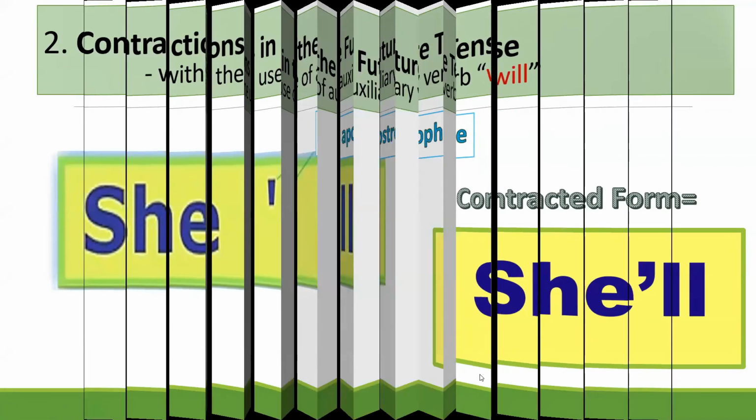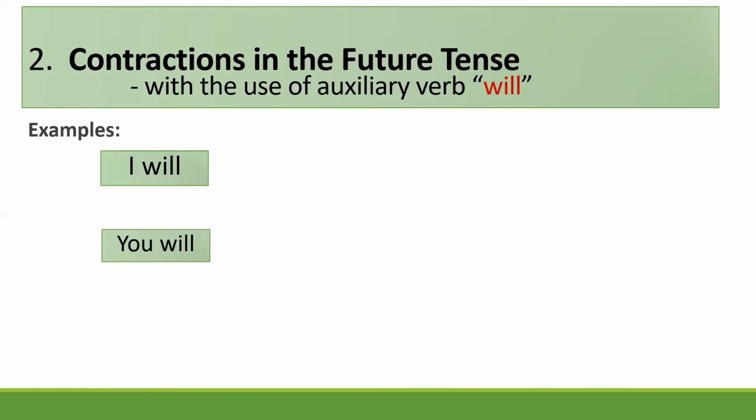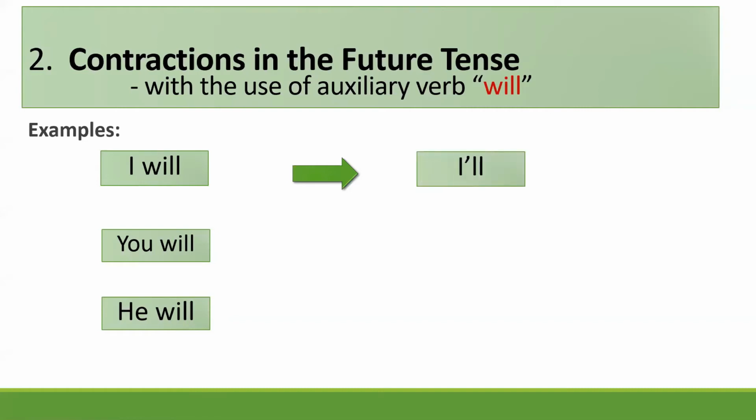Okay. So now let's try to form contractions of the following words or phrases: I will, you will, he will. For I will, again, we remove the two letters W and I and then replace them with an apostrophe. So it will become I'll. Next phrase, you will.